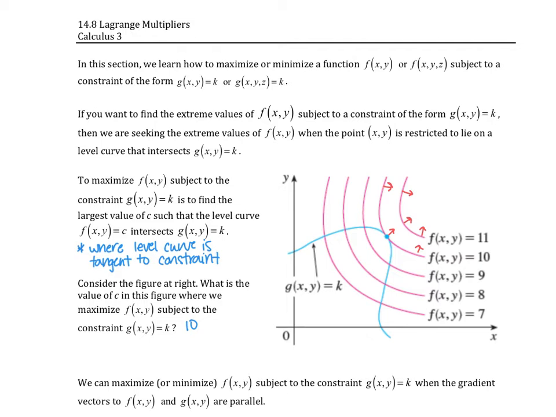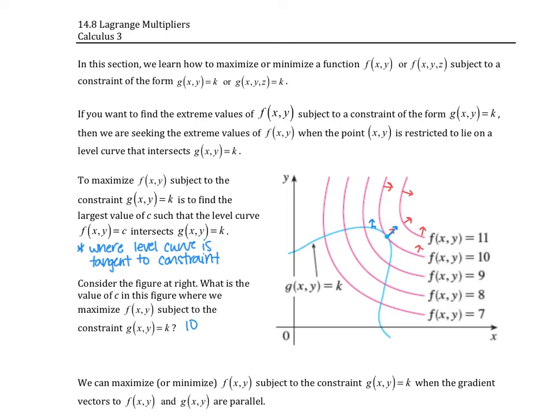Now, if we think about the gradient field of the constraint, maybe the gradient is a little bit bigger, but the gradient field here would be perpendicular to that curve at that point. Why is that important?